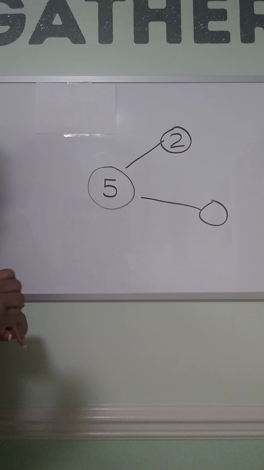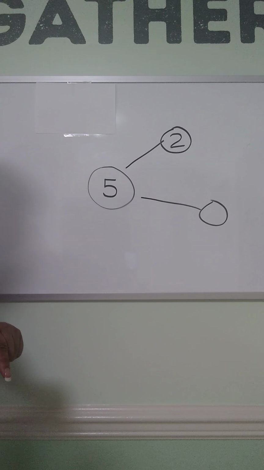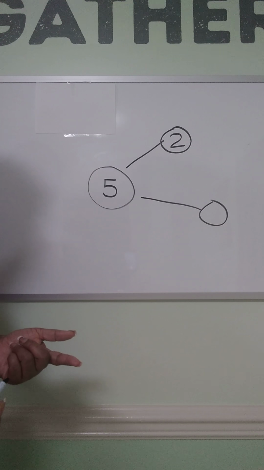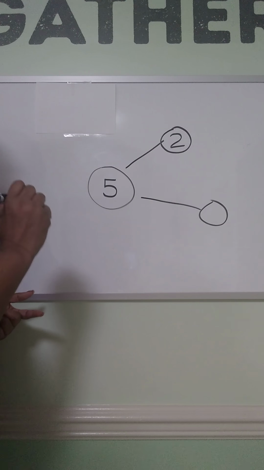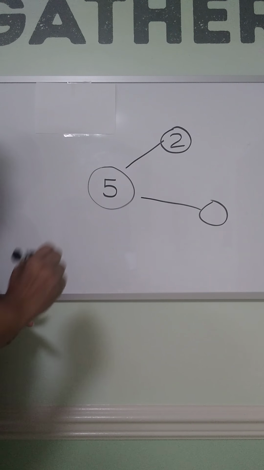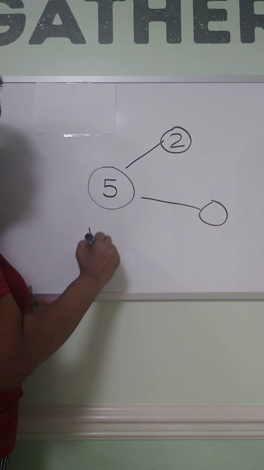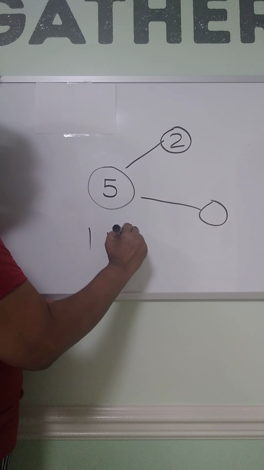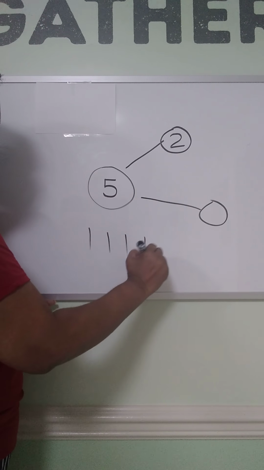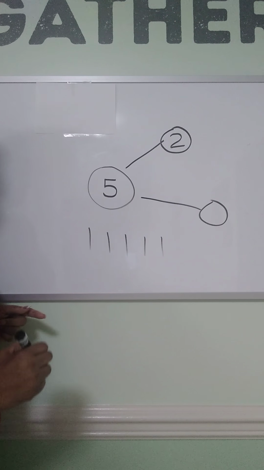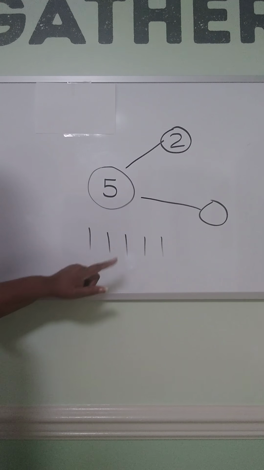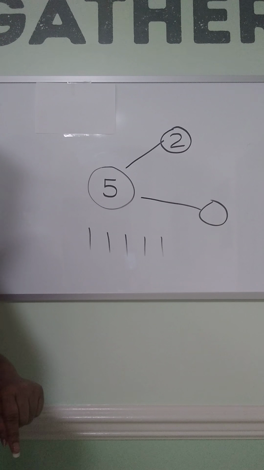So instead of drawing circles, I'm just going to draw lines. Okay? I'm going to draw 5 lines. 1, 2, 3, 4, 5. I have 5 lines.